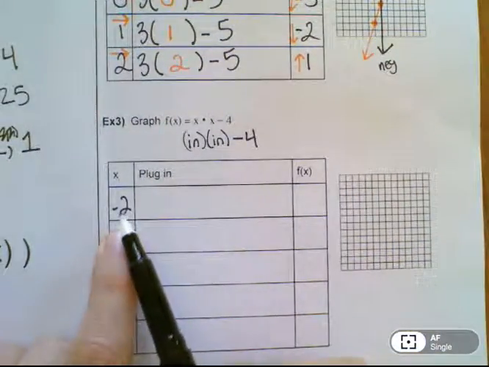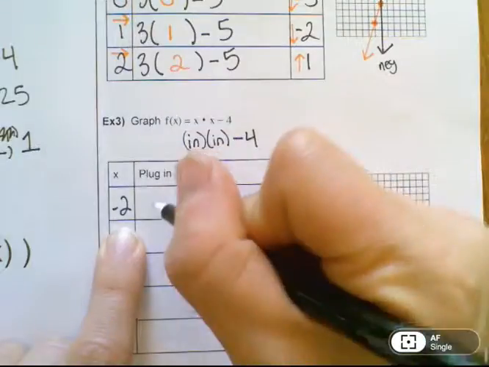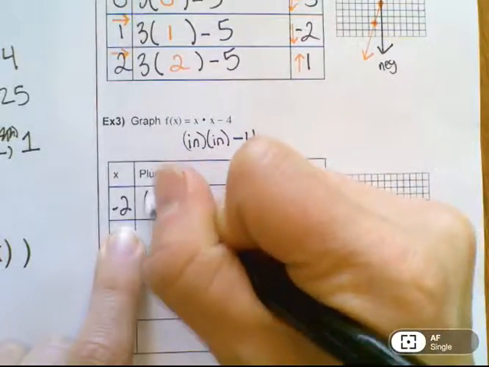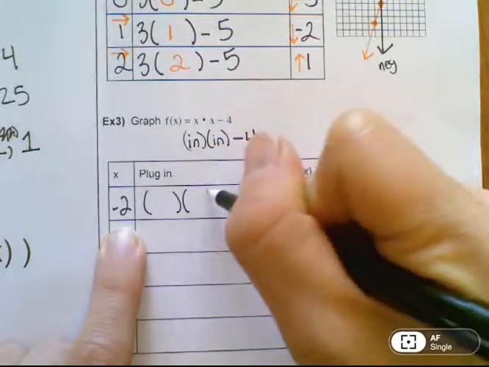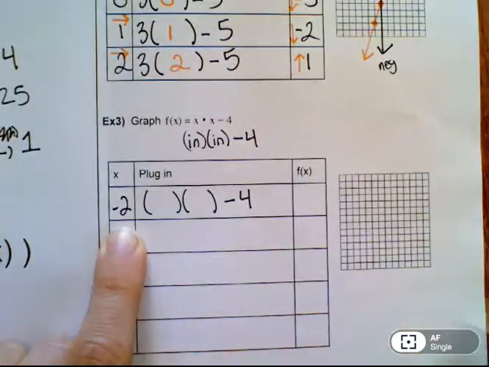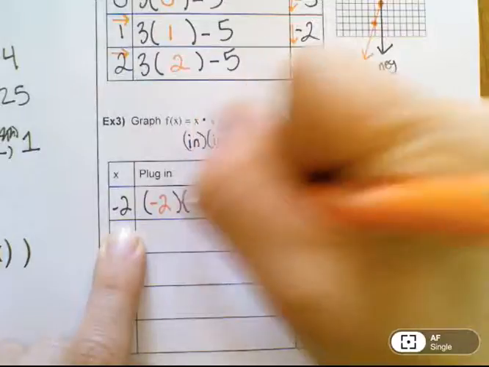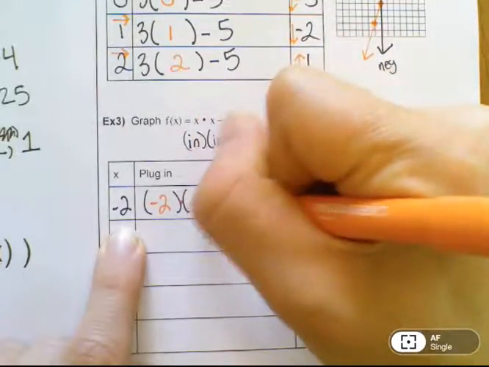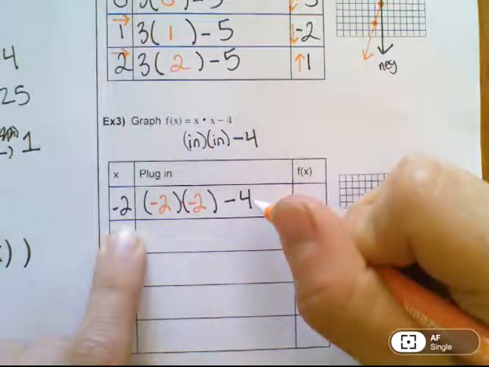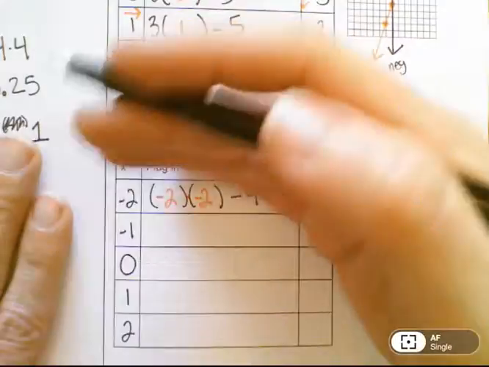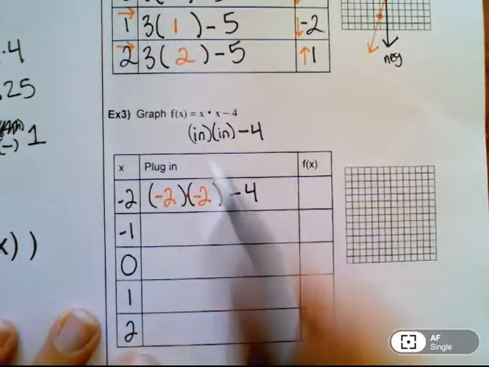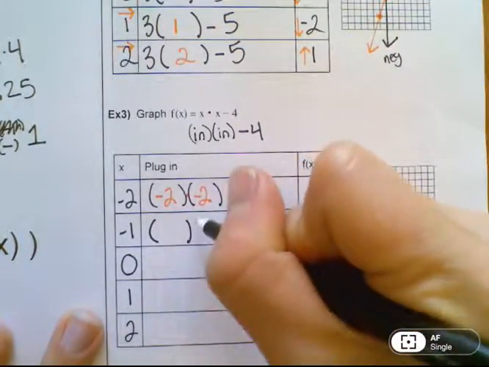In the top row, my input is negative 2. So I'm going to, again, use parentheses for the multiplication. And my input is negative 2. So negative 2, and there's little invisible times there, times negative 2, take away 4. So go ahead through your whole table and just plug in. I'll do it with you, but I'll stop talking.